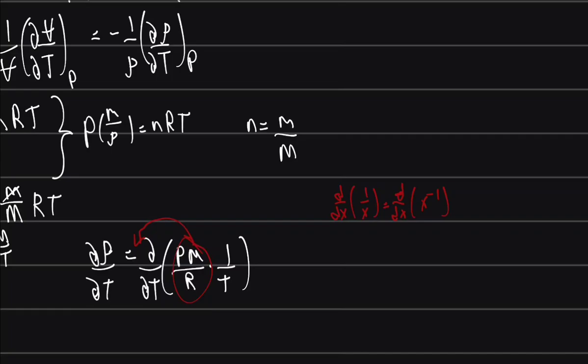So then what we do is subtract 1 from the exponent and multiply by the current exponent. So first we bring this down and then we subtract 1 from the exponent. So we say negative x, then you subtract 1, to the minus 2. So negative 1 over x squared.